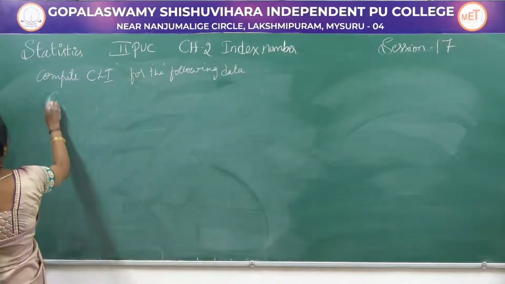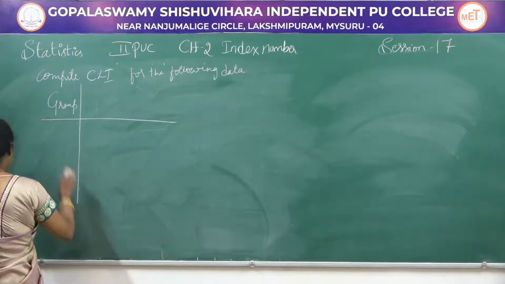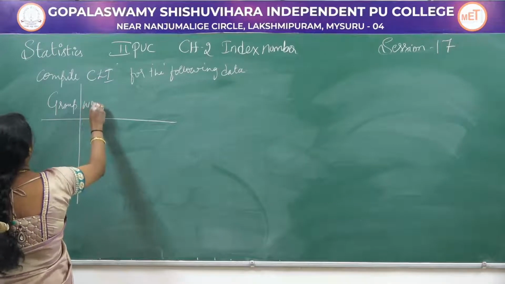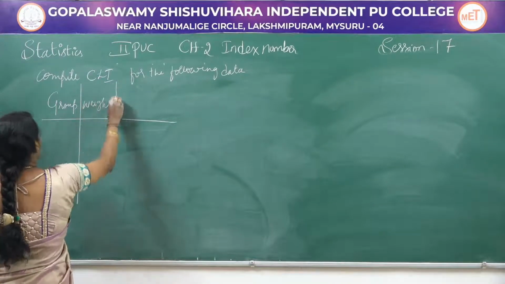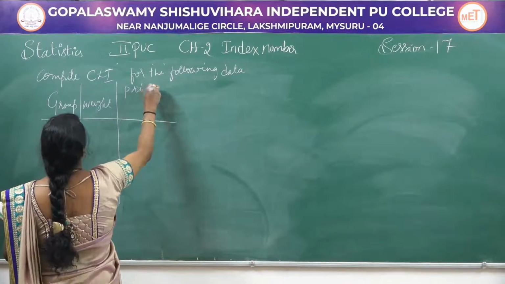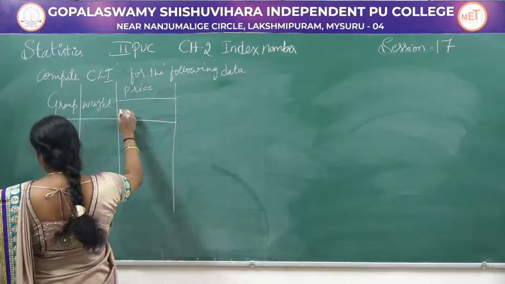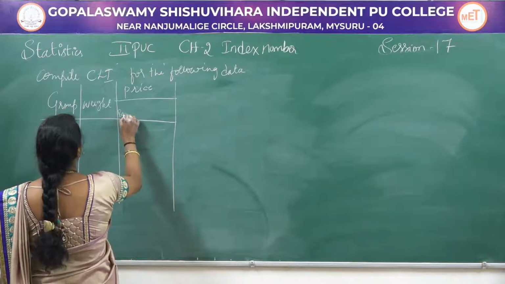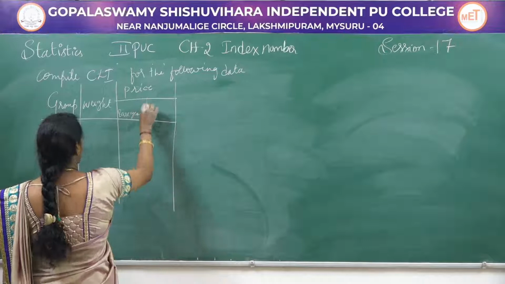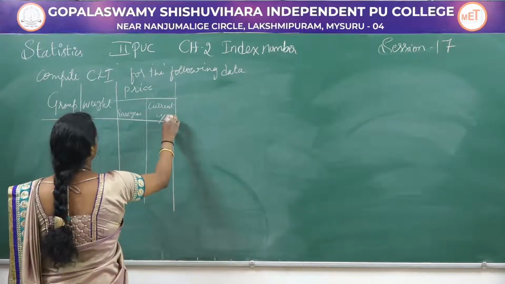Here we have group and weight, and next price. We have the price for base year and current year.